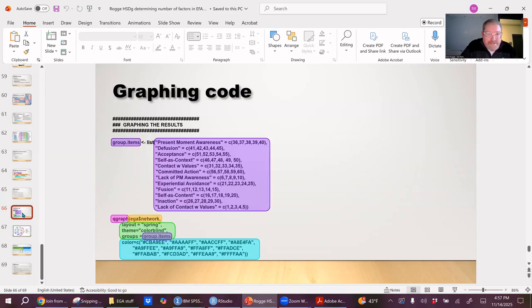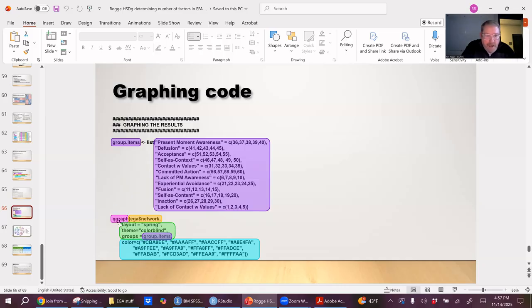Now, this is the code for graphing it. A lot of this code, the purple and the blue, is not really necessary. I'm grouping the items based on which ones were in the same community. Those corresponded to my subscales, so I gave them the subscale names so it could do a legend for me. But you wouldn't have to do that to see the output. And the blue code, I'm telling it different colors to use for each of the communities.